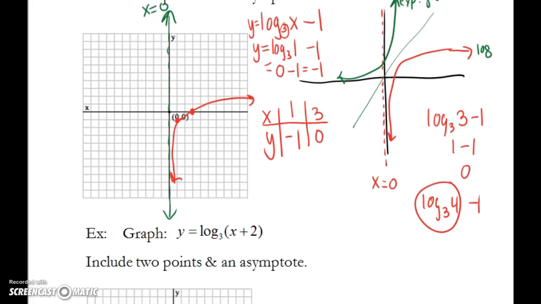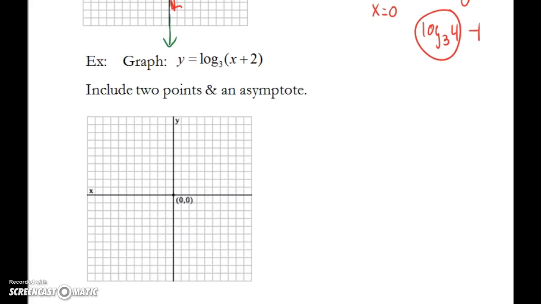All right, let's take a look at a second example here. In this particular example, this plus 2 shifts our graph to the left 2. So a vertical asymptote, which is normally at x equals 0, gets pushed 2 units to the left and is now at x equals negative 2. If it was a minus 2, it would move to the right 2.